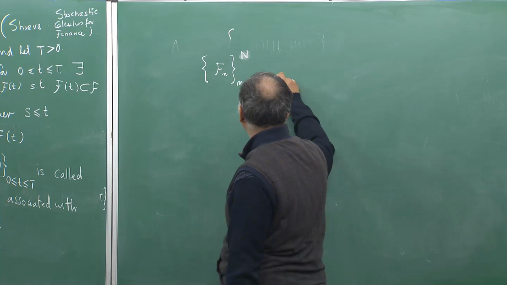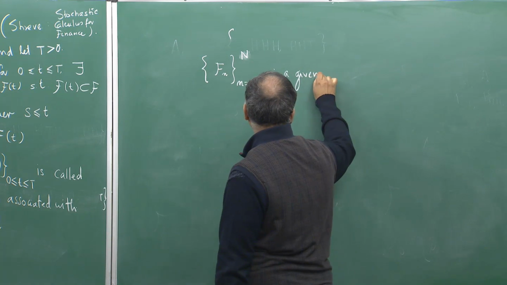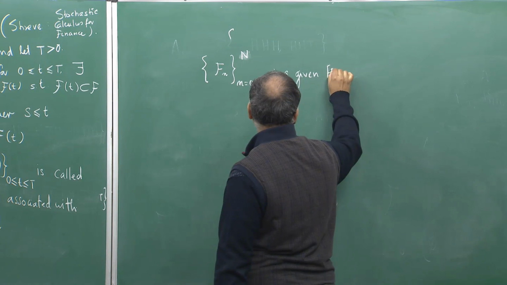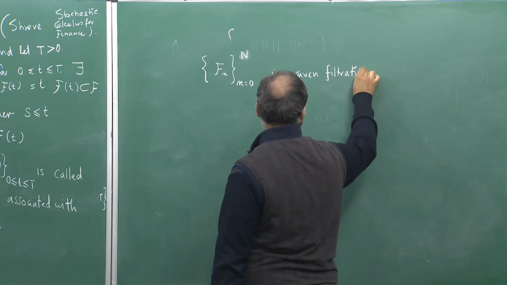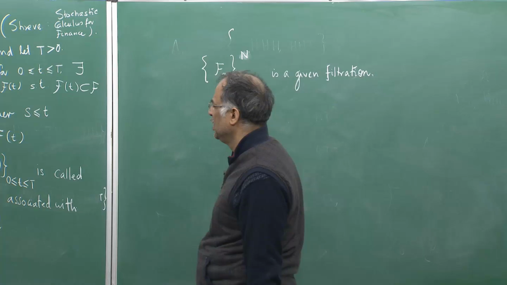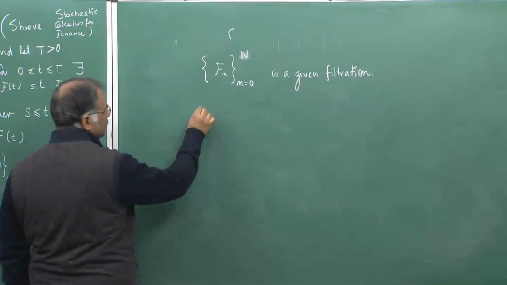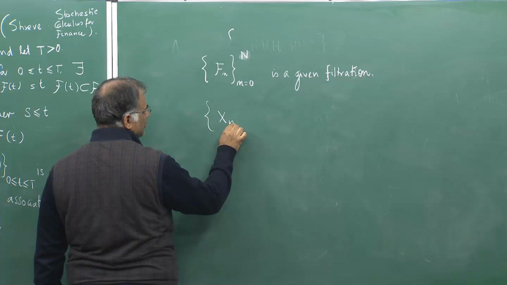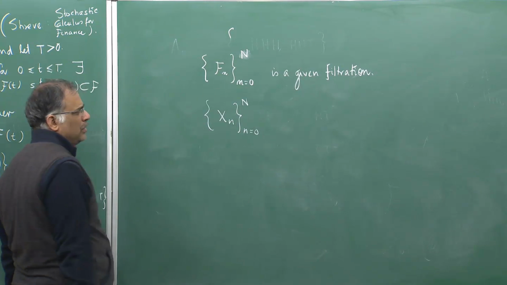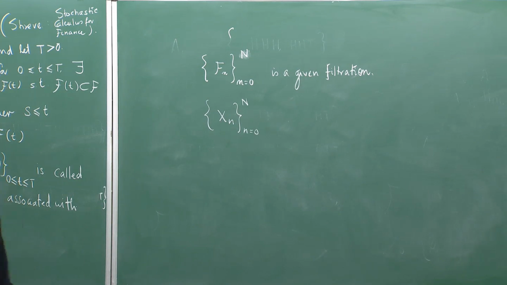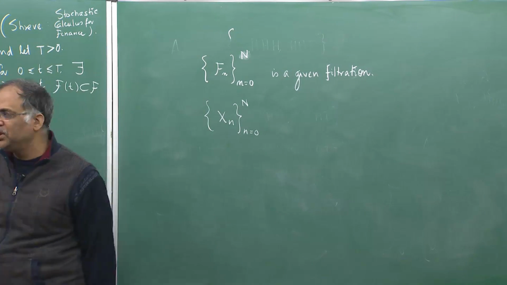Fn is a given filtration, and then you have Xn, n equal to 0 to capital N, a stochastic process adapted to this filtration. You will hear this term, adapted to this filtration, repeatedly after this.